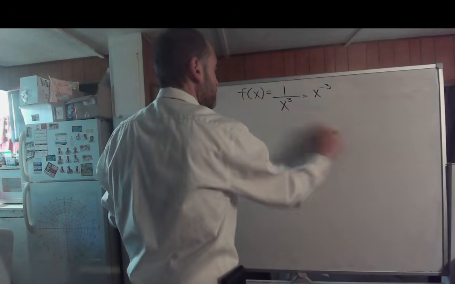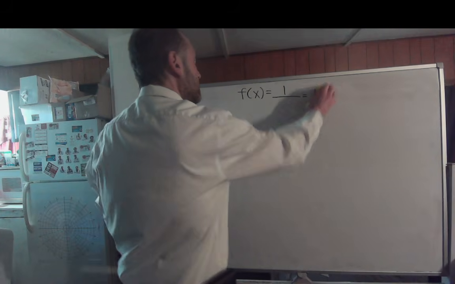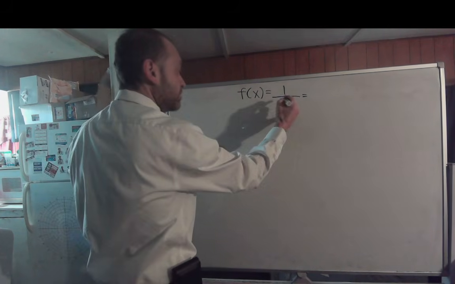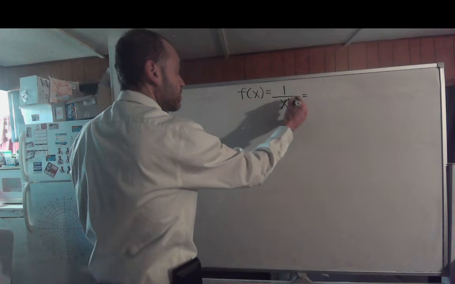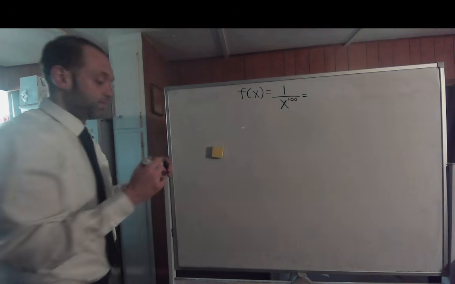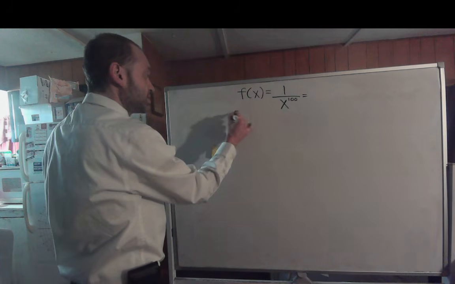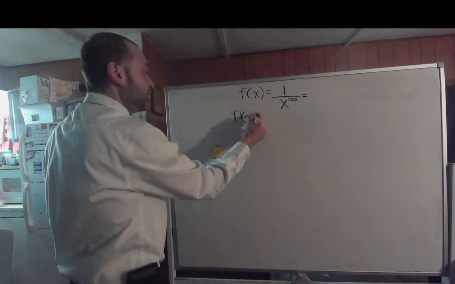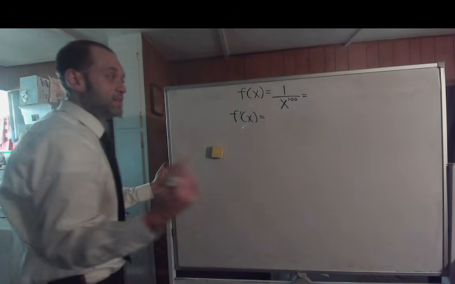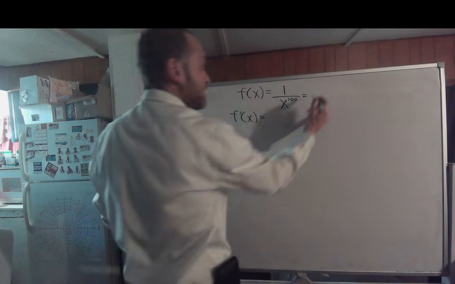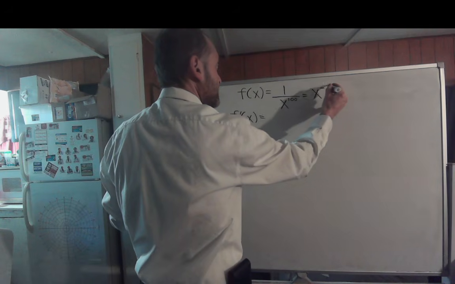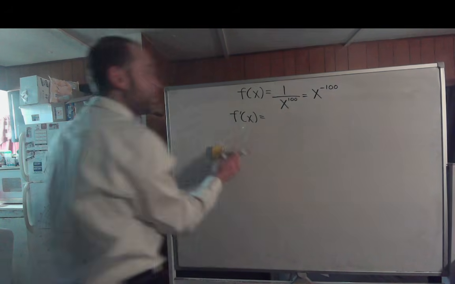Heck, let's do one more. Let's say I do 1 over x to the 100th power. So I'm going to find f prime of x, where I'm given f of x equals 1 over x to the 100th. It might be helpful to write this as x to the -100th power.